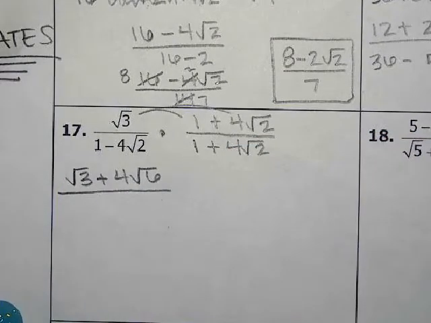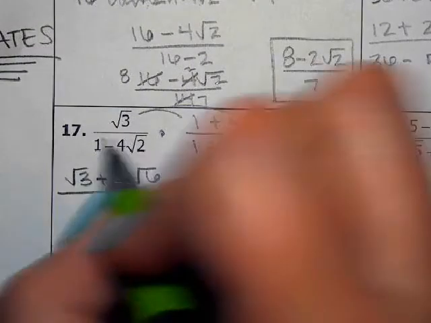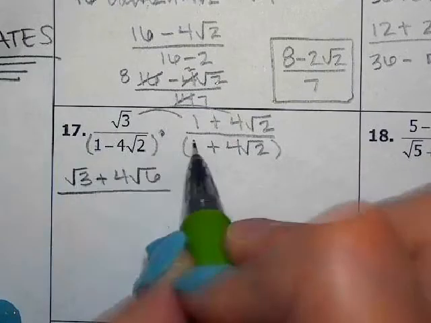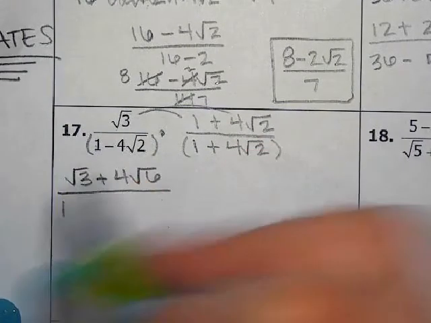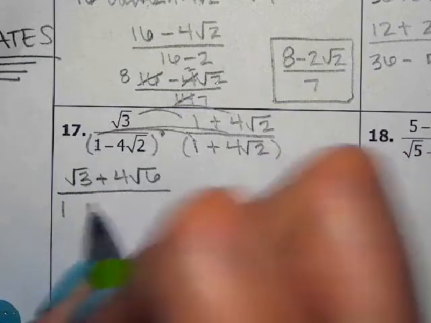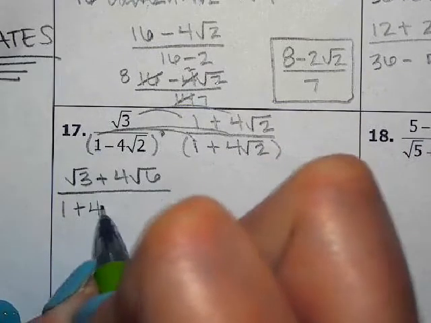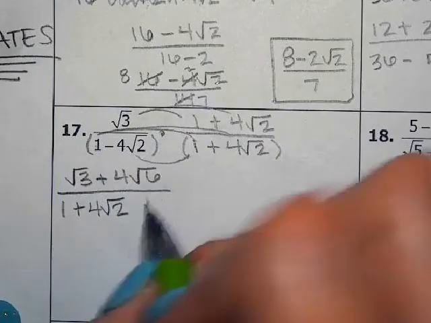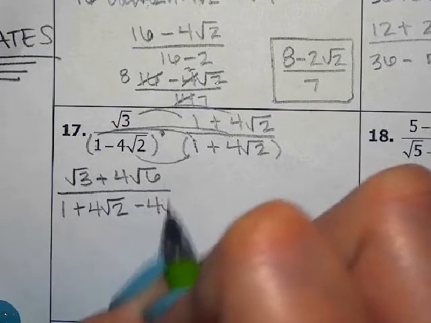And then for the bottom, we have to FOIL. 1 times 1 is 1. 1 times 4 root 2 is 4 root 2. Negative 4 root 2 times 1 is negative 4 root 2.